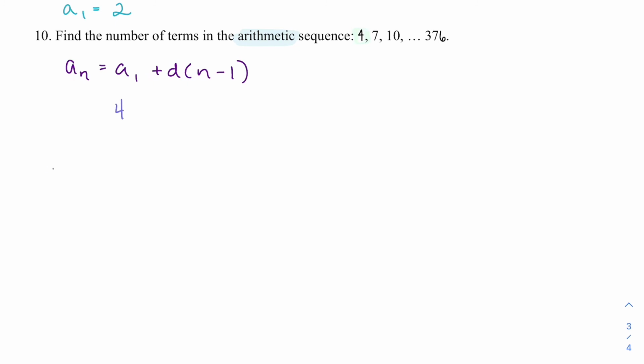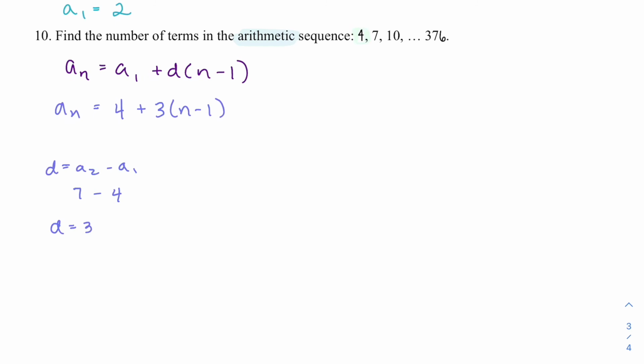Then the common difference is A2 minus A1, or A3 minus A2, so that's going to be 7 minus 4, which makes the common difference 3. So I can also put that into my formula. So now I have my formula that I'm going to use.